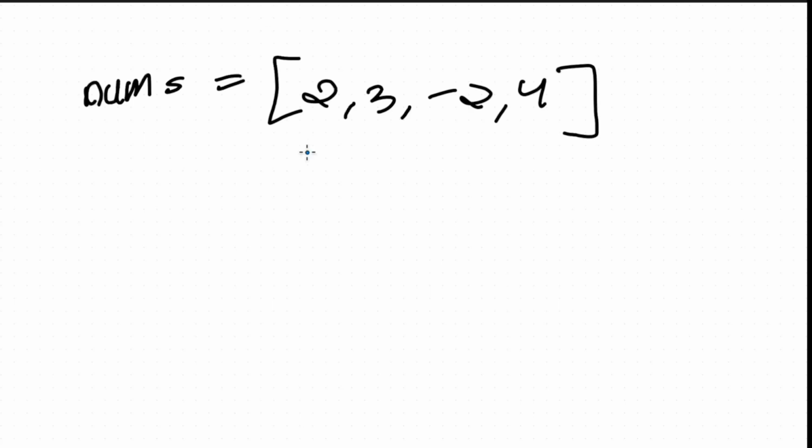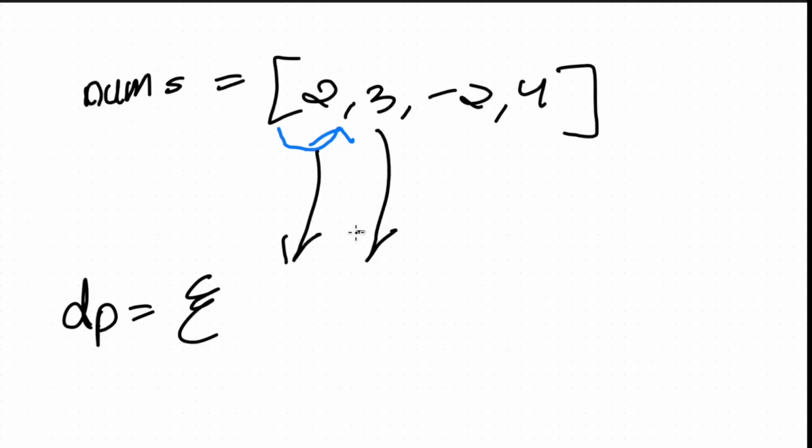Start at the front, obviously. We obviously have a cache, let's just call it DP, where every index is mapped to a key-value pair.